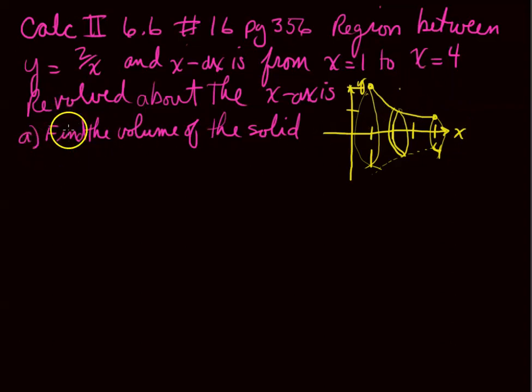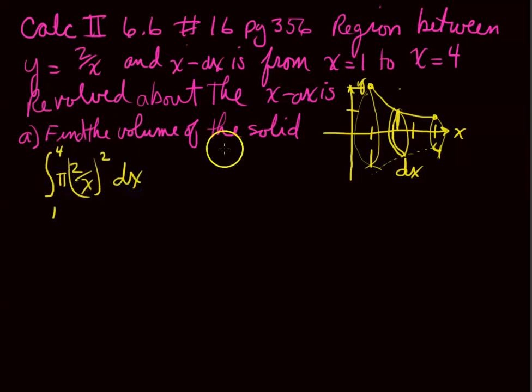Remember, the volume is the integral, in this case from 1 to 4, because we're going to do this with respect to x. This is the radius, that's the height there, that's the y, 2 over x. It's pi 2 over x squared dx. Pi r squared times the width, thickness.